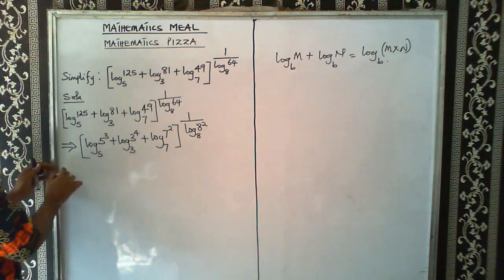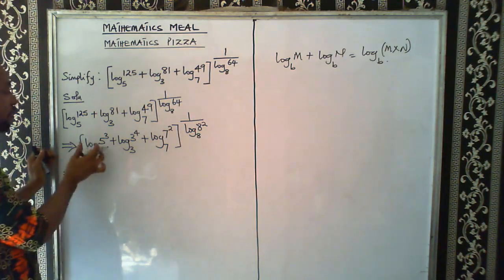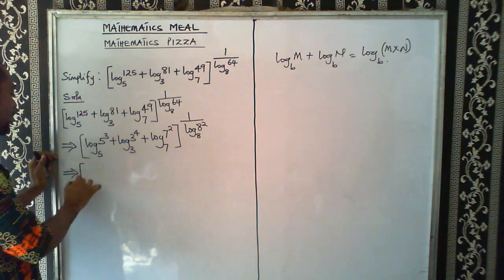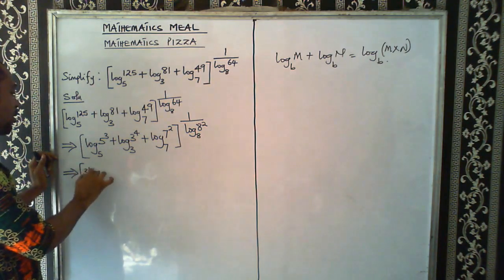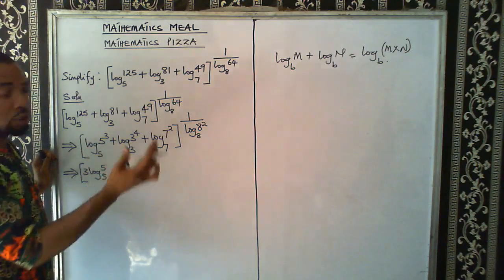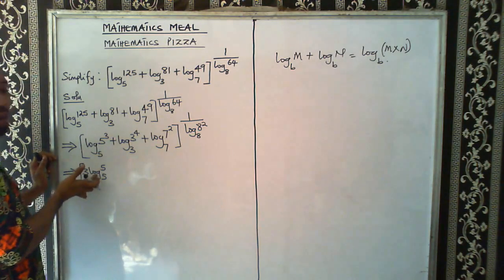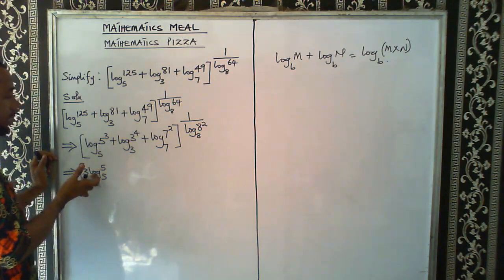Okay? Now we know that the power of a number in a logarithm is the same thing as the coefficient of that log. So we can write this as 3 log 5 in base 5. That's the third law of logarithm: the power of the number is the same thing as that power multiplying the logarithm.